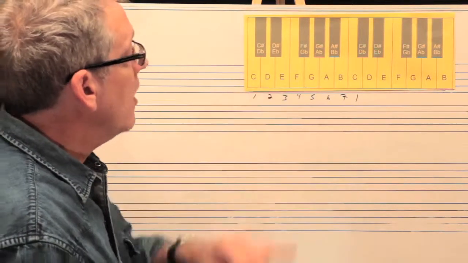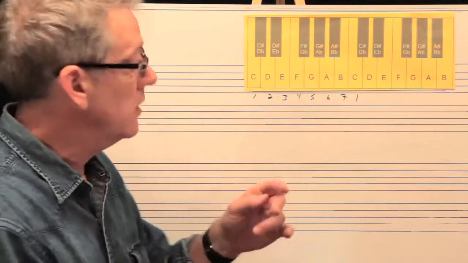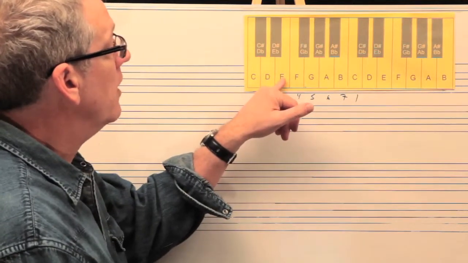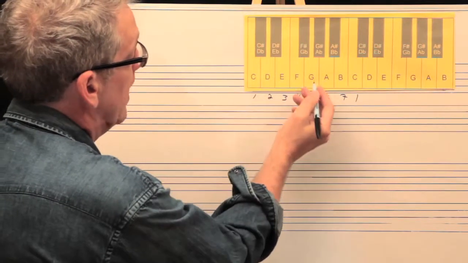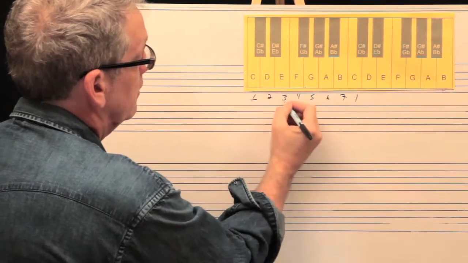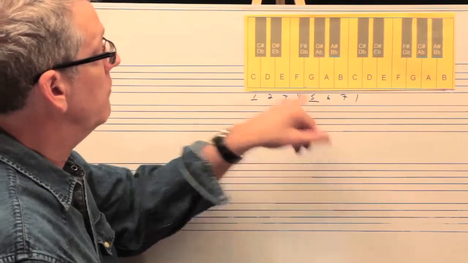So a major triad is a major interval followed by a minor interval. In the C triad, the notes are C, E, and G. 1, 3, 5.